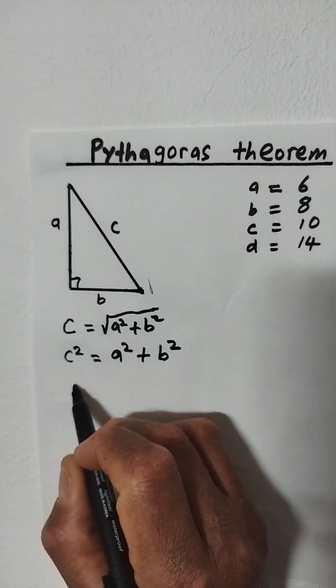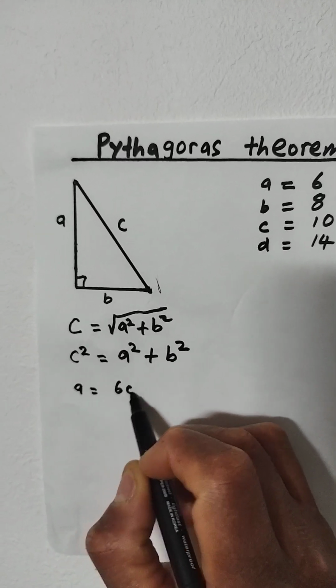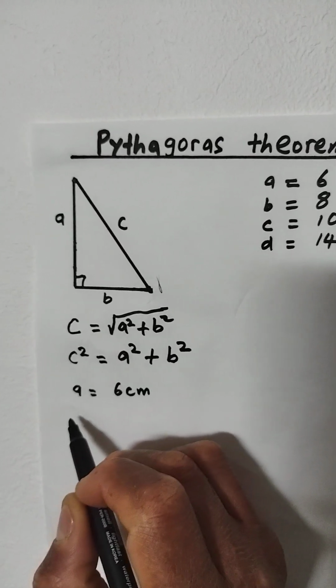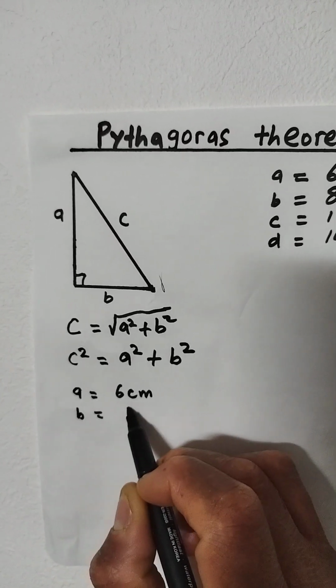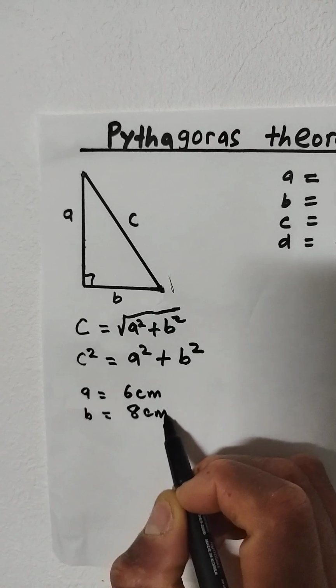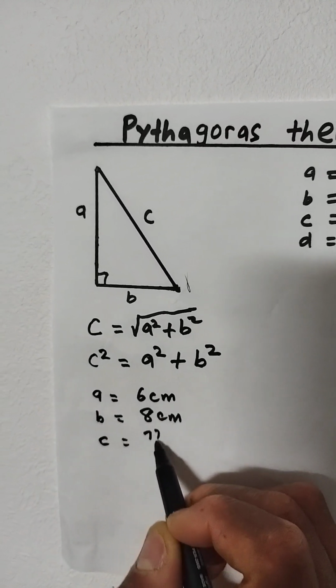For example, A is equal to 6 centimeters, B equals 8 centimeters, C equals what?